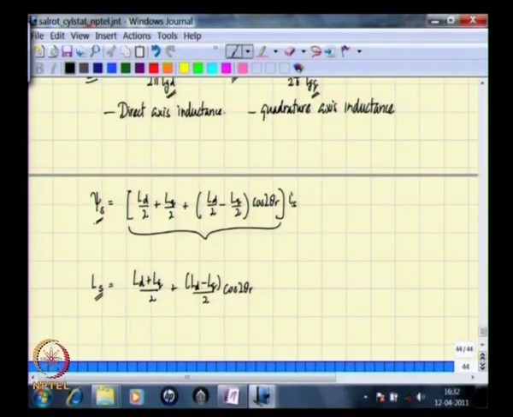Hence the inductance that we have derived essentially represents the magnetizing inductance of the stator winding.